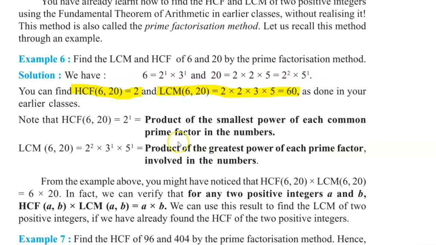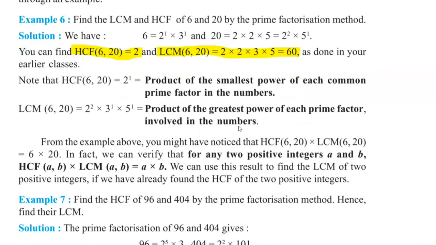So this is a formula we have to remember. For HCF, we take the product of the smallest power of each common factor, whereas for LCM, you take the greatest power.